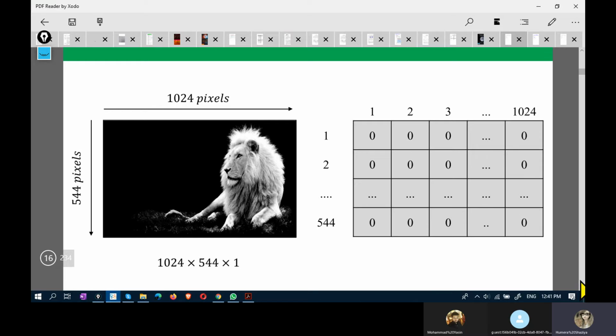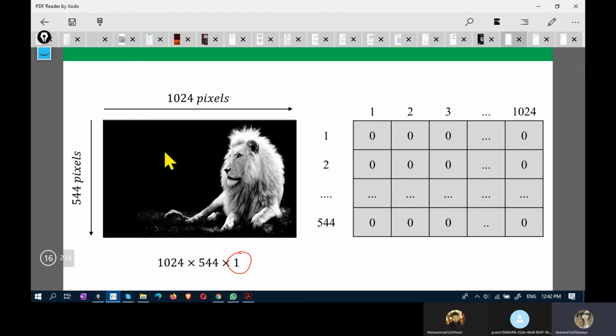If it is a black and white image, look at this, the number of channels is only 1. 0 denotes black and 255 denotes white. Wherever you find 0, it is black.